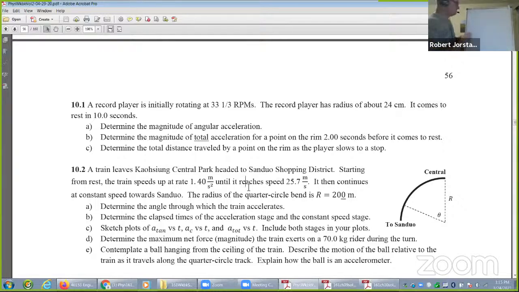All right. I got this wrong marker. Let's see if I get another one here.